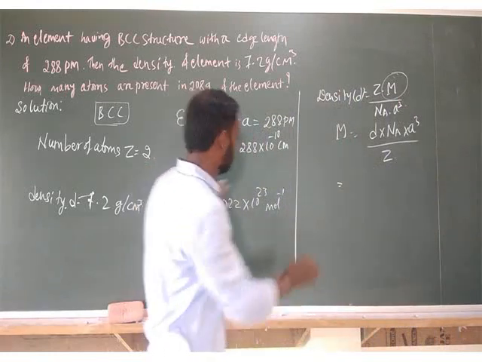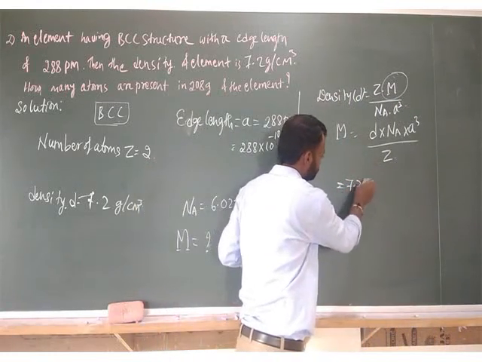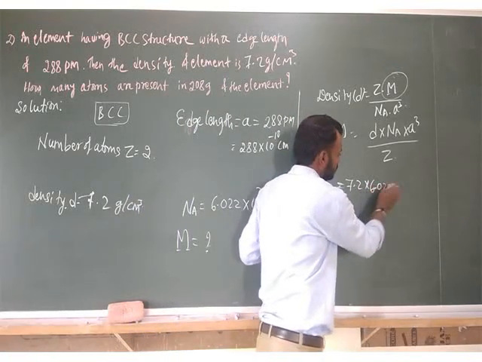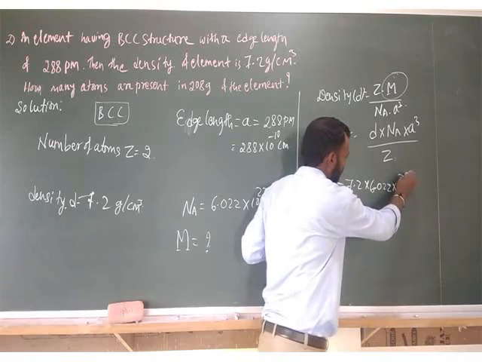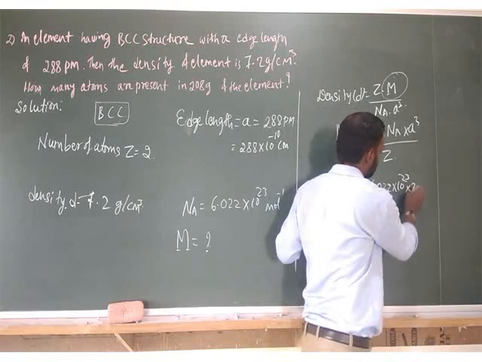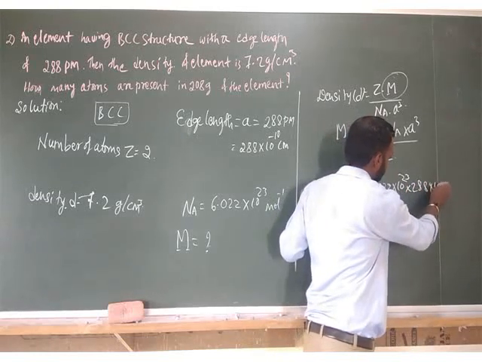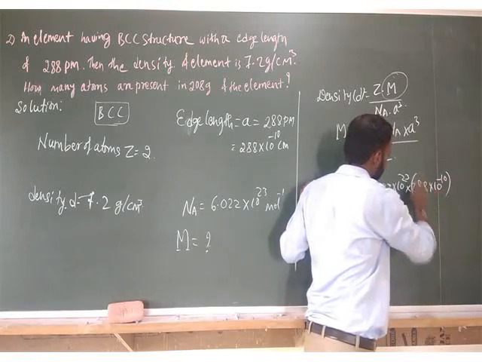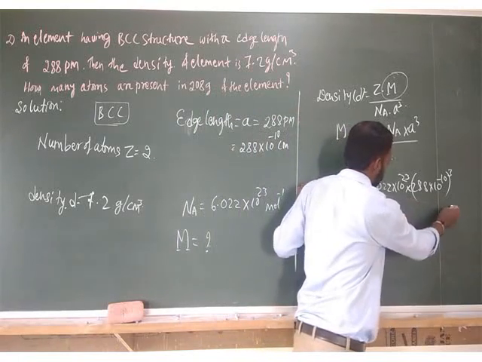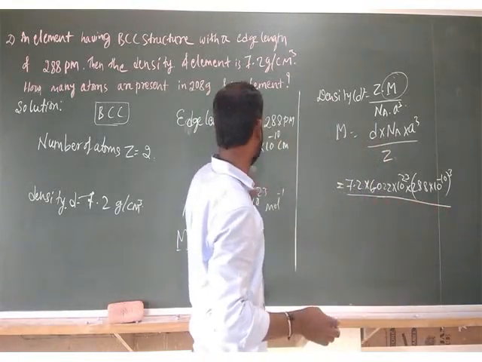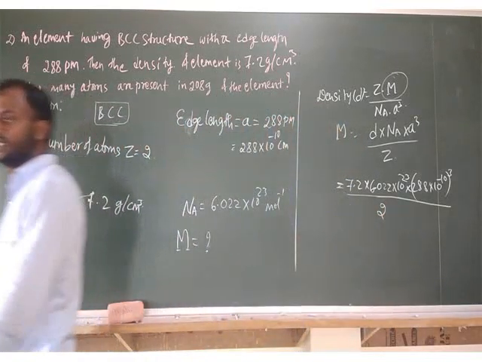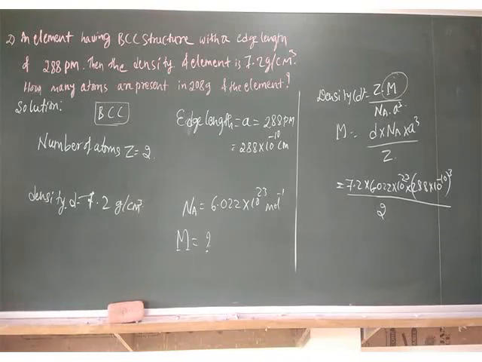Substituting the values: D is 7.2, into Na 6.022 into 10 raised to 23, and the a value 288 into 10 raised to minus 10, in terms of a cube, whole divided by Z. Z is equal to 2, the number of atoms present in a BCC unit cell.